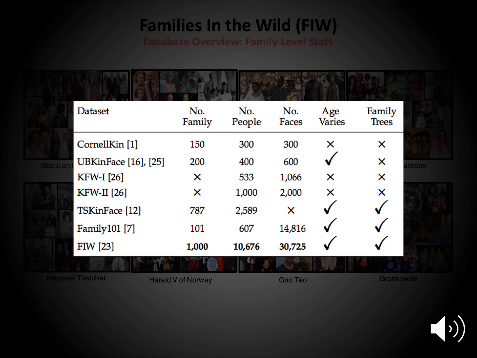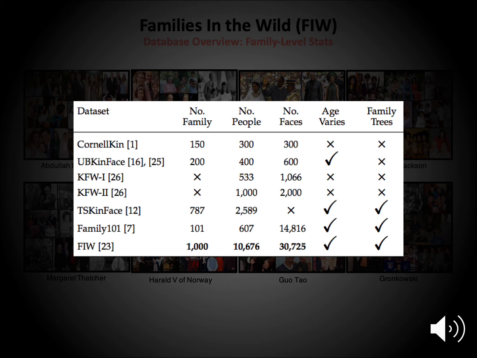In terms of numbers, you can see here at the bottom row, compared to existing datasets, we have 1,000 families, which is much more than any prior. It's comparable to TSKinFace, but TSKinFace is a different kind of family. TSKinFace has tri-subject pairs, meaning father, mother, child, and essentially they have a different family for each tri-subject pair.